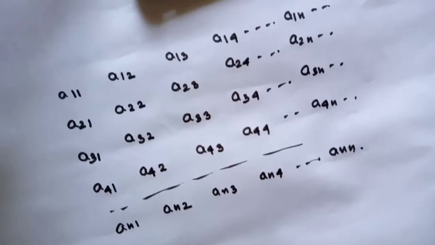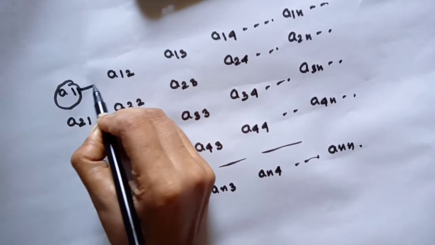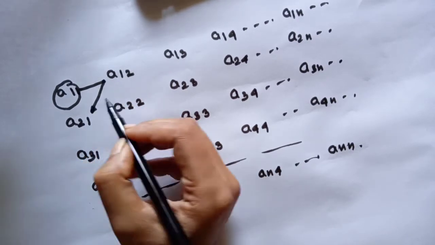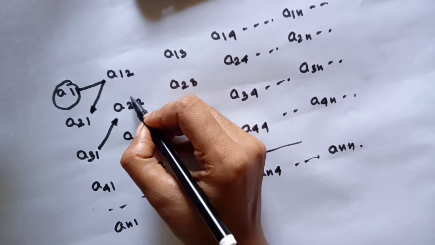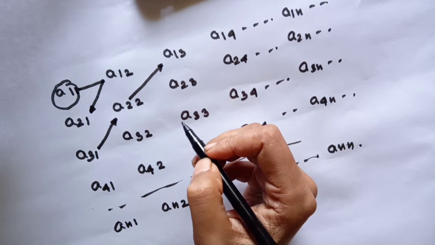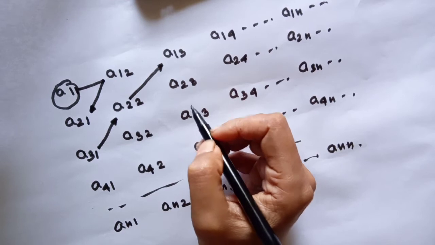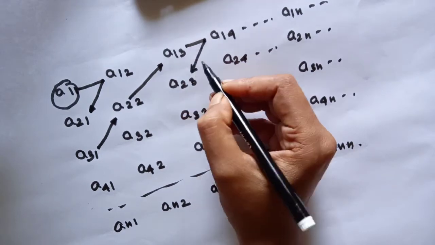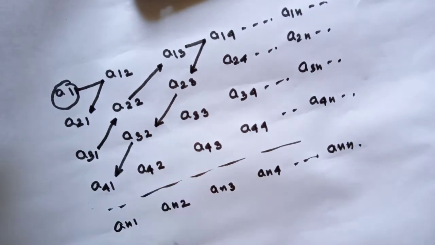Let's see the following way. First A11, then A11 maps to A12, A12, A21, and then A31 goes to A22, A22, A13. Have you understood? Then A31 maps to A14, A14, A23, A23, A33, A33, A41.